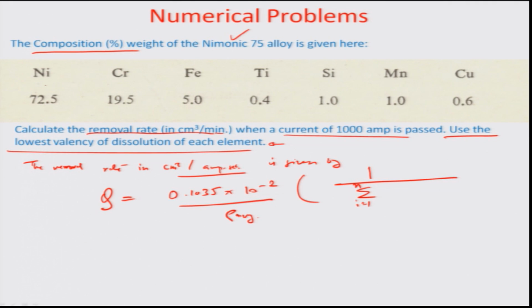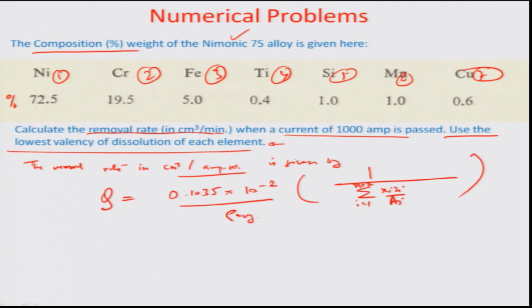In this case, there are at least 7 phases that we are talking about. So this n is actually 7, x_i z_i by a_i, where these i's are the ith phase's properties, including the weight percentage, which is given here. This is the weight percentage of the ith species.